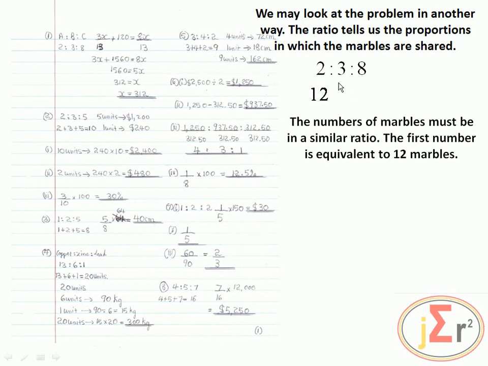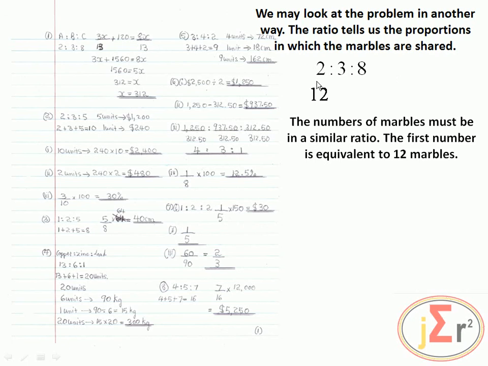Also, let us say that the marbles associated with 3 units and 8 units are hidden, and we need to determine what number of marbles these two represent. The numbers of marbles must be in a similar ratio.